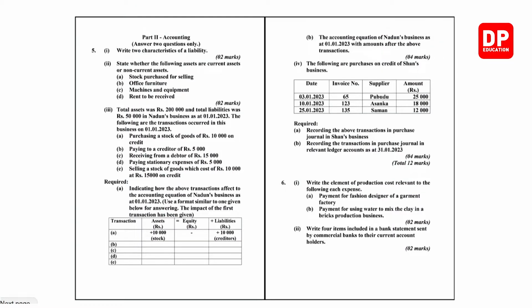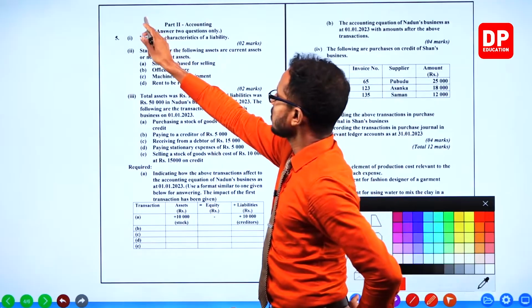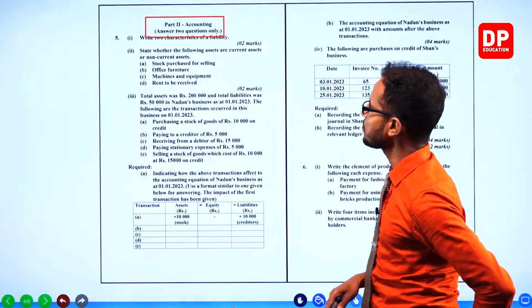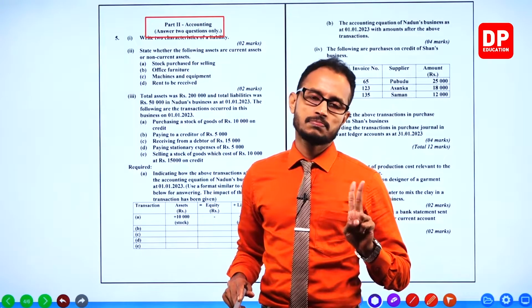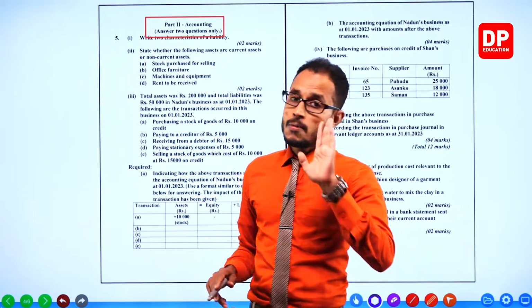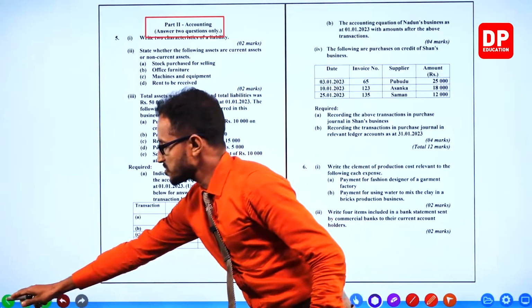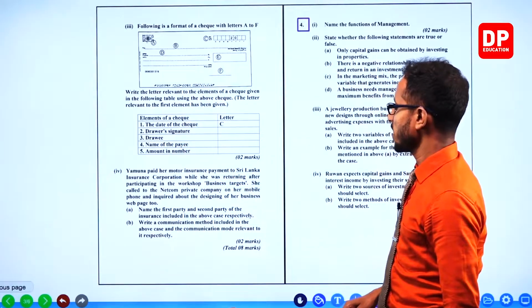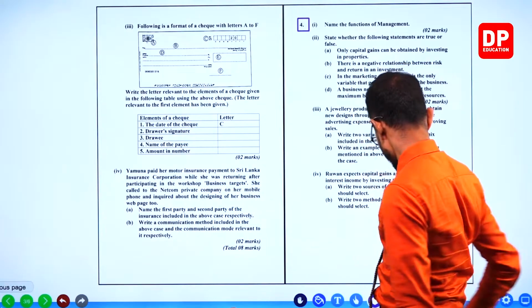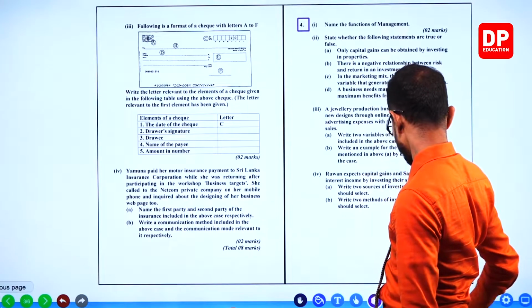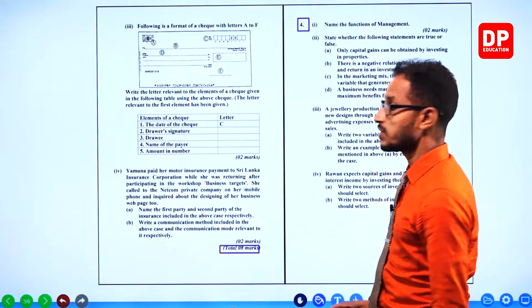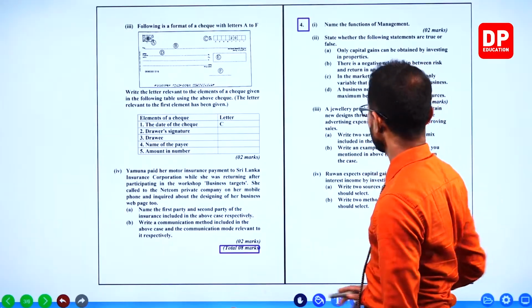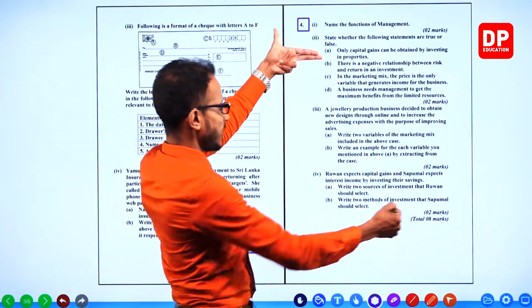Then you get the accounting part. Here we go. This is our favorite part, right? Again, you will get 3 questions. Answer only 2. For business studies questions, guys, you're going to get total 8 marks for each question. For the 4th question also, total 8 marks.